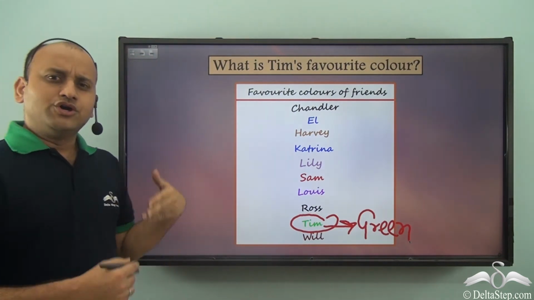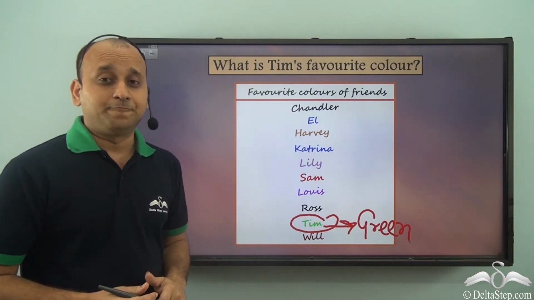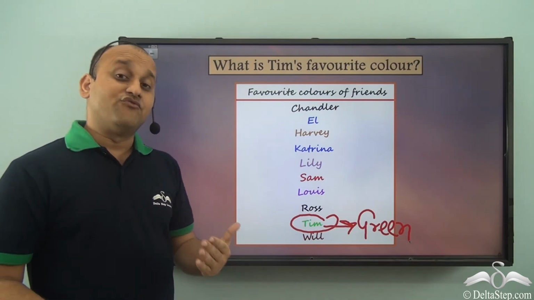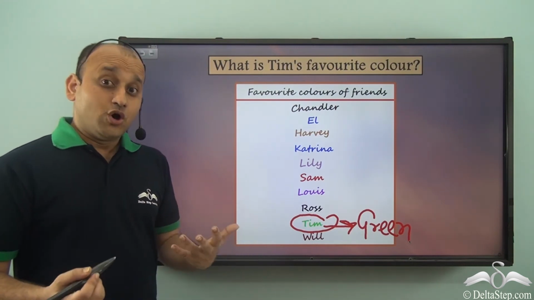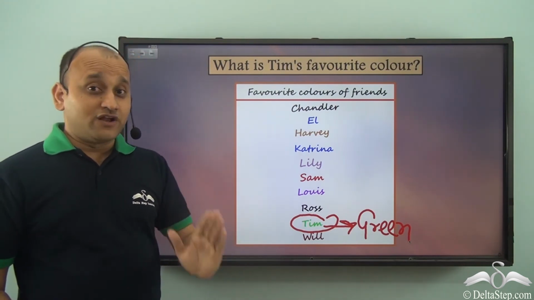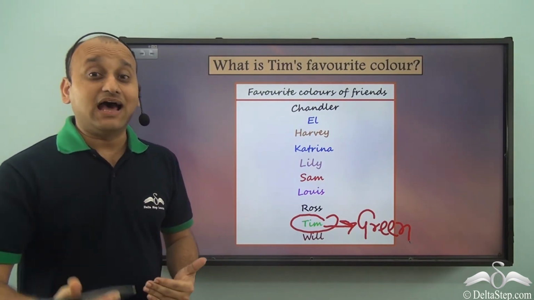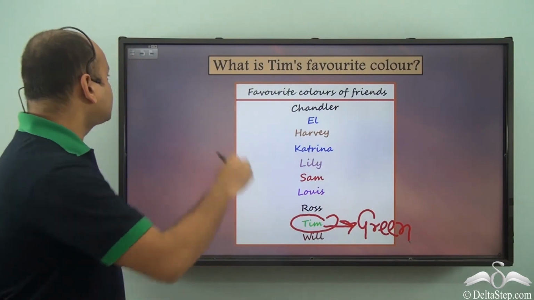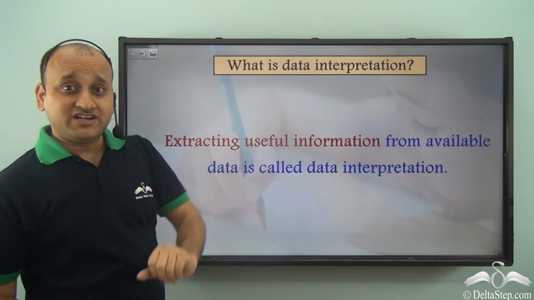So till now you extracted a number of information from given data, and what do we call this? Well, this is called data interpretation. So when you extract useful information from data, then this process is called data interpretation. So what is data interpretation?